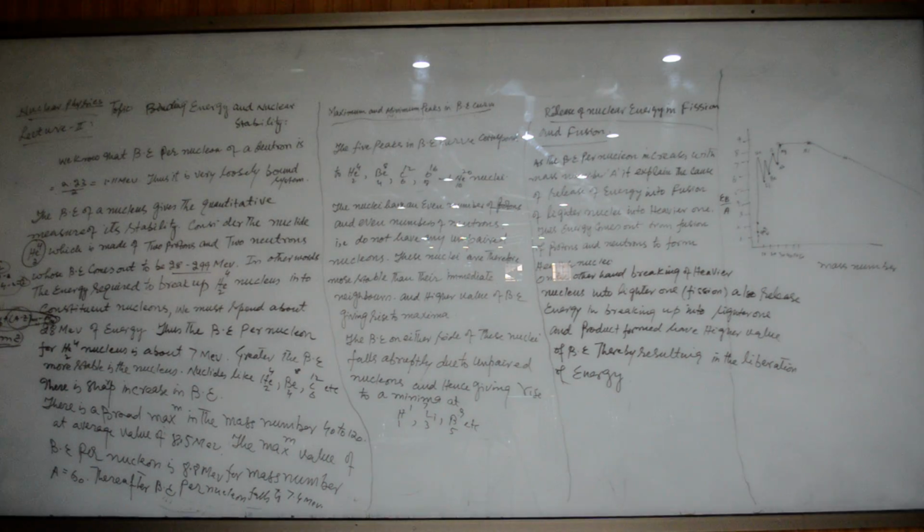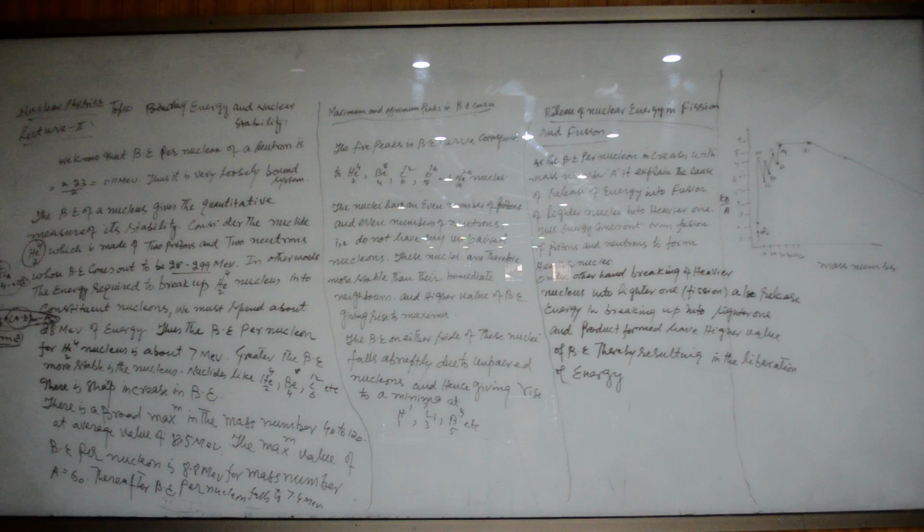In order to split this helium nucleus into its constituent nucleons, that is protons and neutrons, you must supply 28 MeV energy to the nucleus, because the binding energy of the nucleus is 28.299 MeV. So this amount of energy will be required to break the helium nucleus, or the alpha particle.